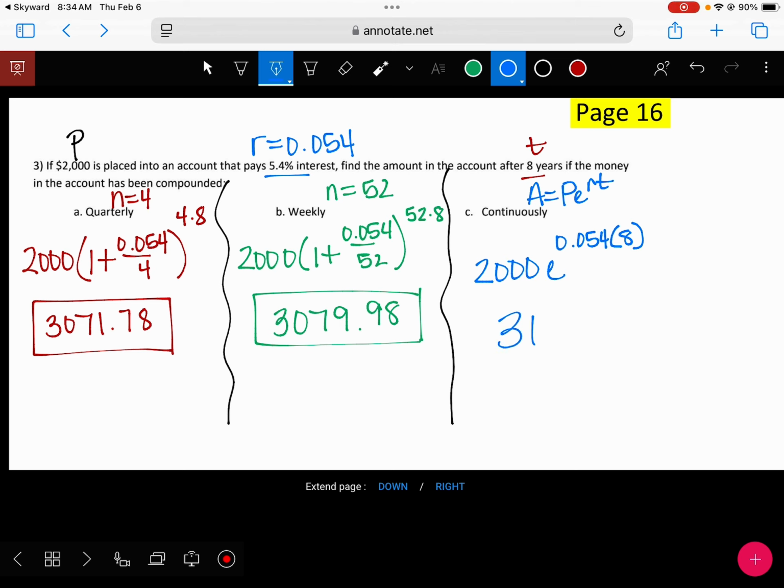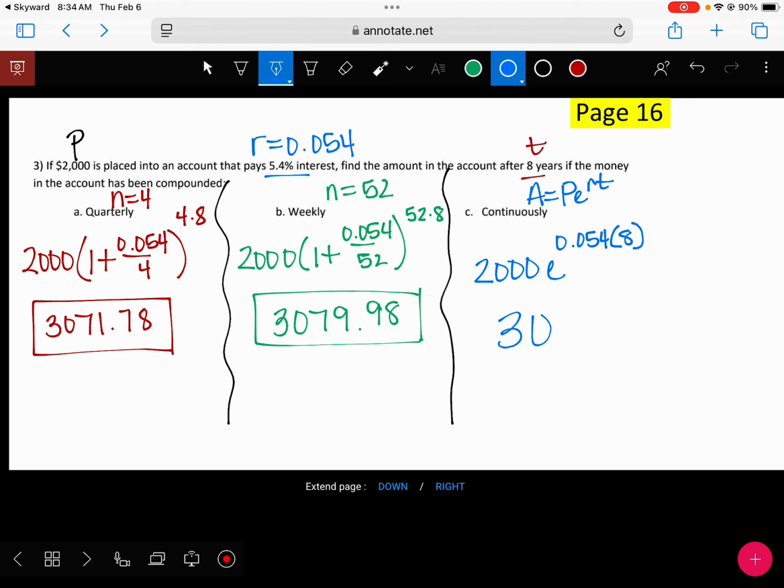So who got 3,000? No, type that in with the E. So you gotta do 2,000. Green button, LN, and then type in the exponent, 0.054 times 8.